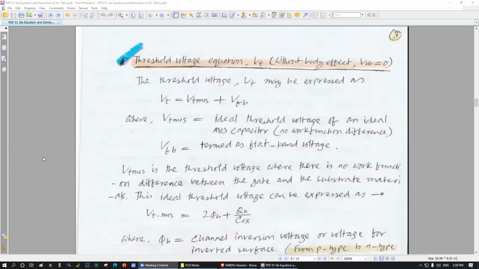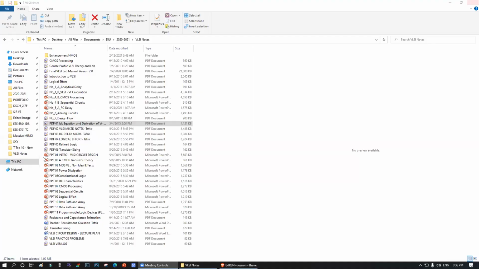But now I want to start a lecture called transistor sizing. What is that called? Transistor sizing. Understood, everyone? Yes, sir. This lecture is very important. Why are transistor sizings necessary?